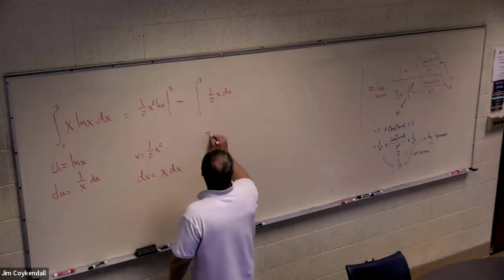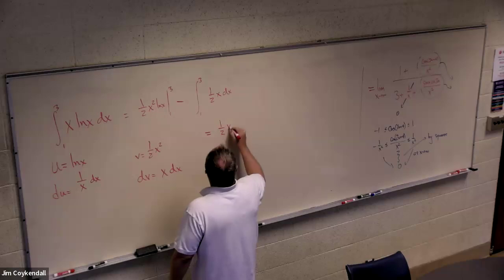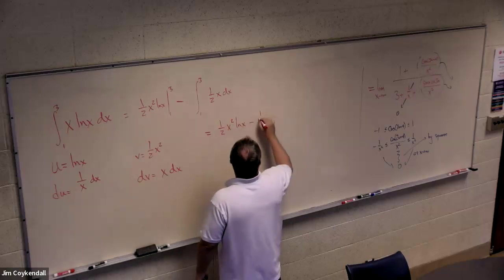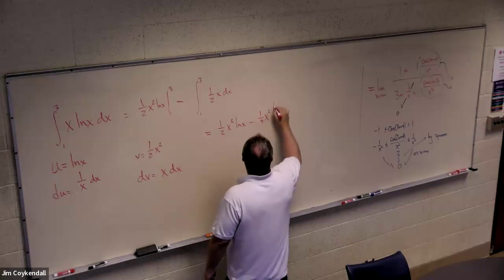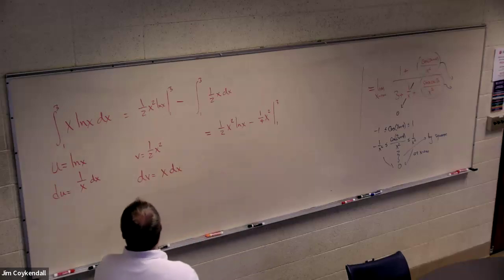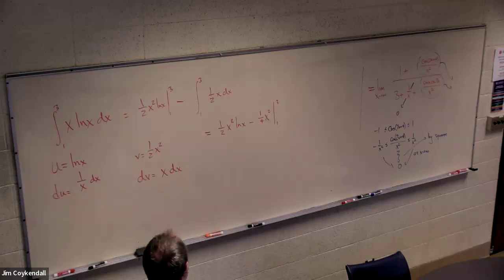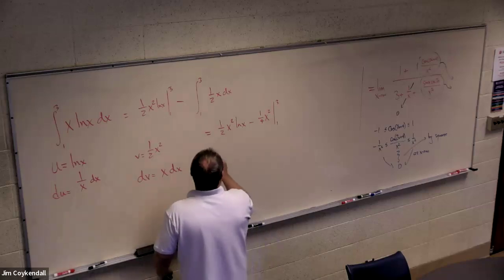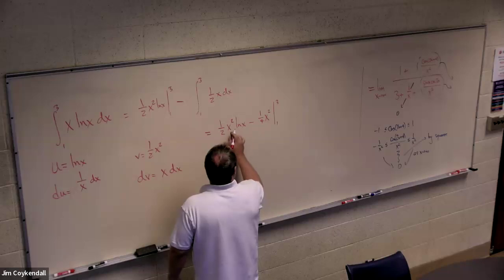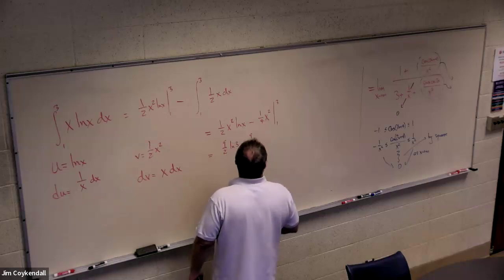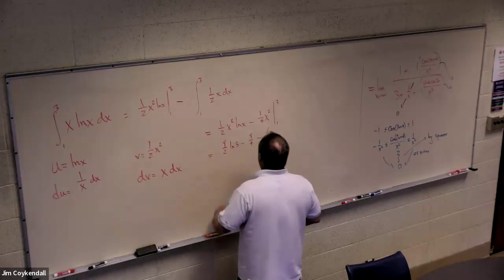So this becomes 1/2 x squared log x minus 1/4 x squared. So in the end game, I get 9 halves log 3 minus 9/4, plugging in 3.